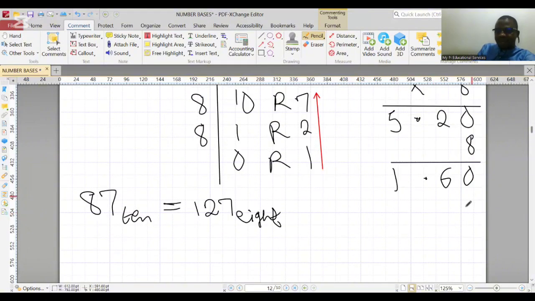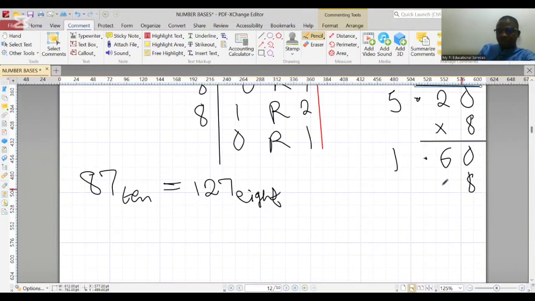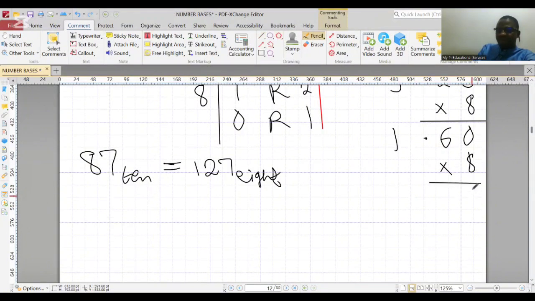Again, let's multiply by 8. 8 times 6 gives 48. So you write 8 and put the 4 here.